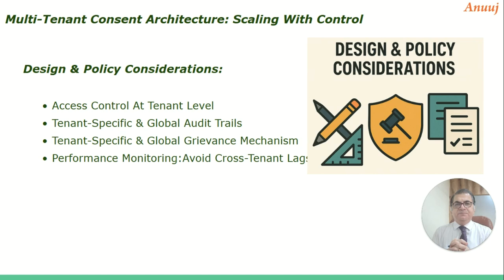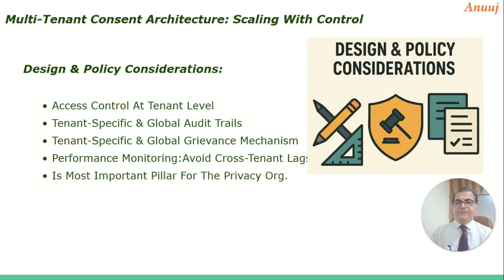The systems should be robust enough that there is no cross tenant lag. It becomes the most important pillar of a privacy organization because consent is critical. We spoke about 250 crores of penalties under the DPDP Act, and for larger enterprises with isolated business units, multi-tenant is important.